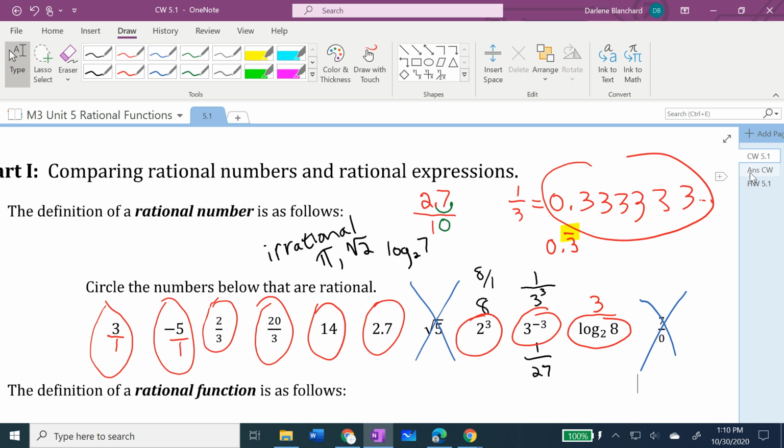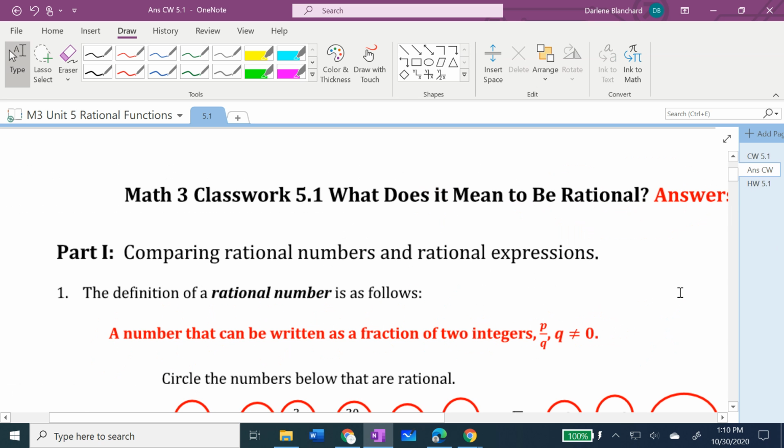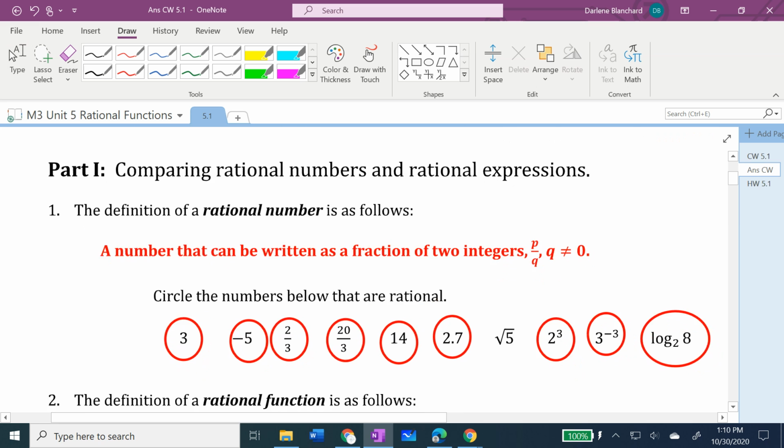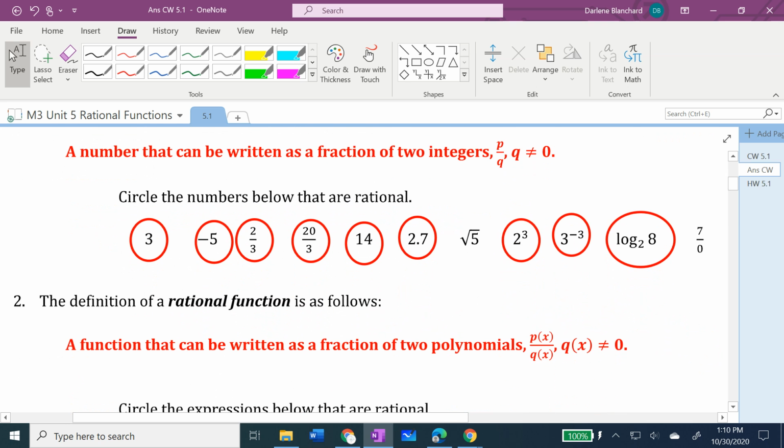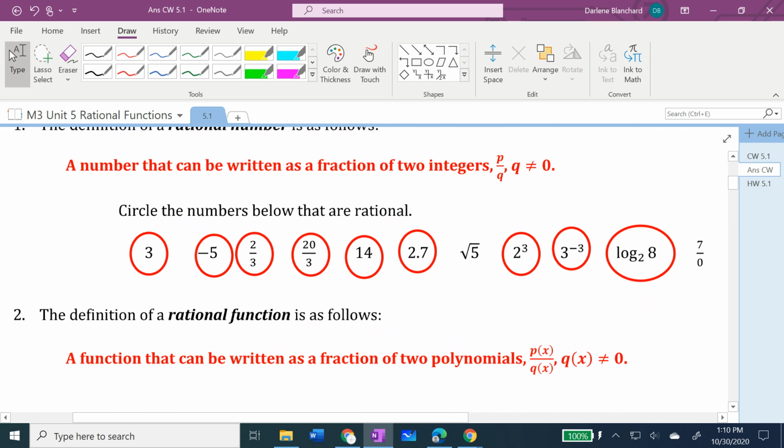Now, I'm going to go back over to the answers for the next definition. The definition of a rational function is a function that can be written as a fraction of two polynomials, but just as before, the denominator polynomial cannot be 0.